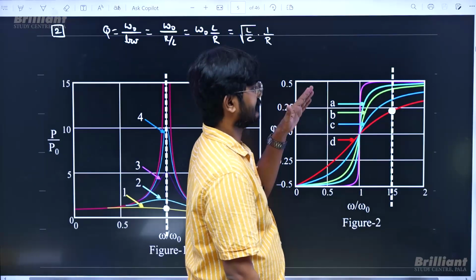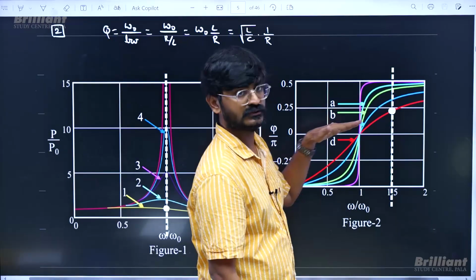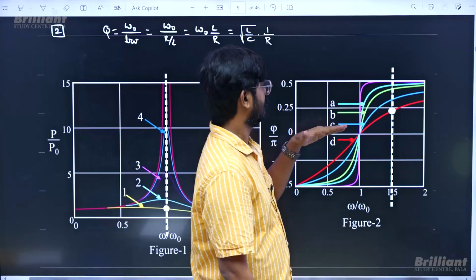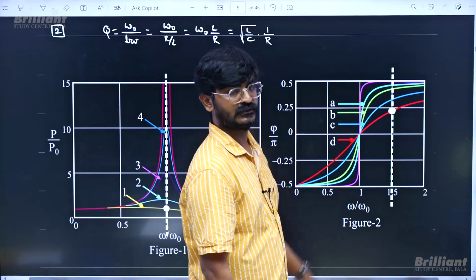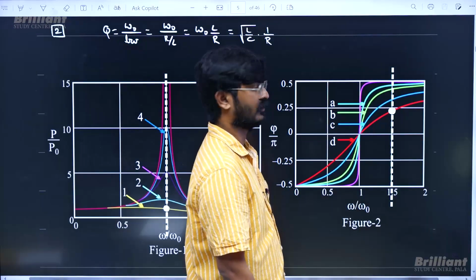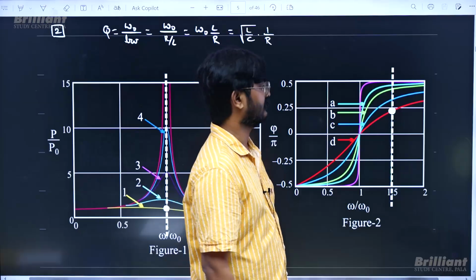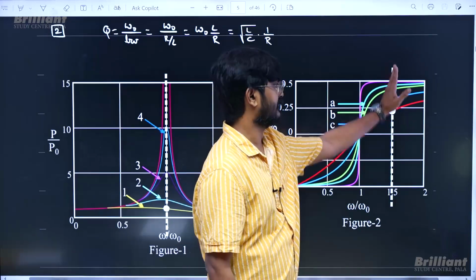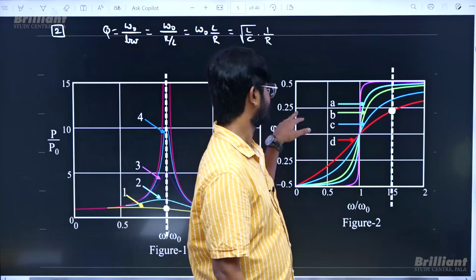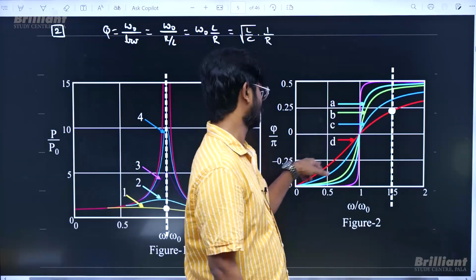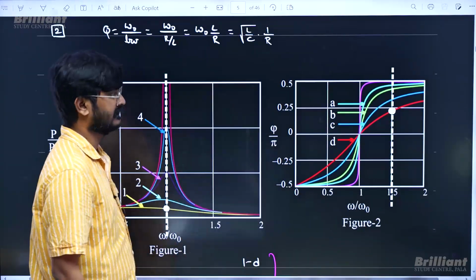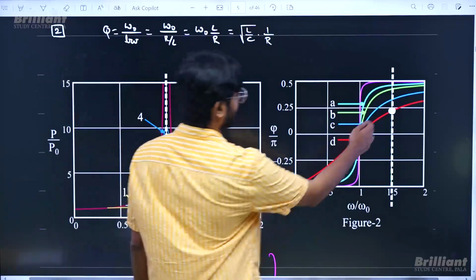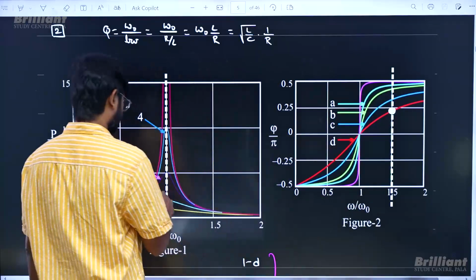Now the more the resistor, the resultant voltage will be more closer to x-axis. So phase difference will be small. More the resistance, phase difference will be small. So for this one phase difference is small when compared to the remaining ones. So this is more resistance case, this is more resistance case. Now with a similar argument you can go for this next case which is similar to this case.